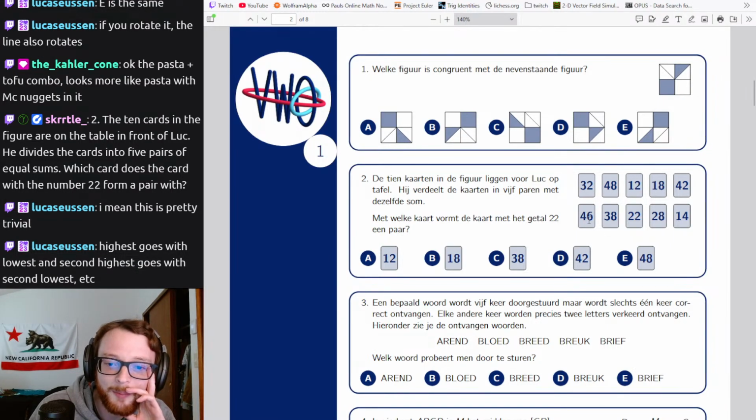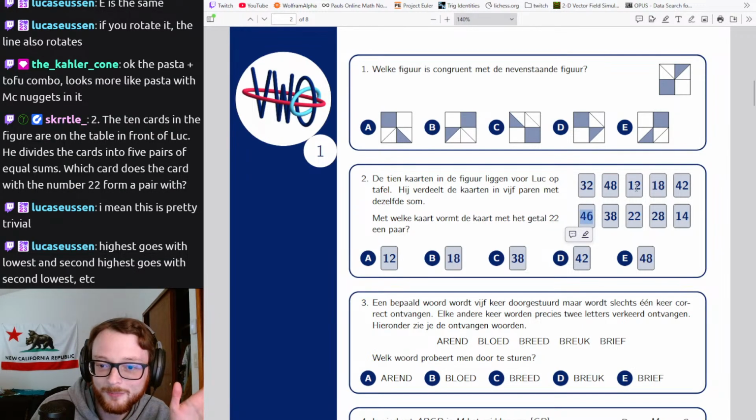Oh, it's the thing. Am I misunderstanding? No. Wait. I don't know, dude. I'm so confused. It can be any 10 cards. I was thinking the top row has to go with the bottom row. Like you can't do 32 and 48, but I think you can actually. So, okay, Luke's saying highest goes with the lowest.